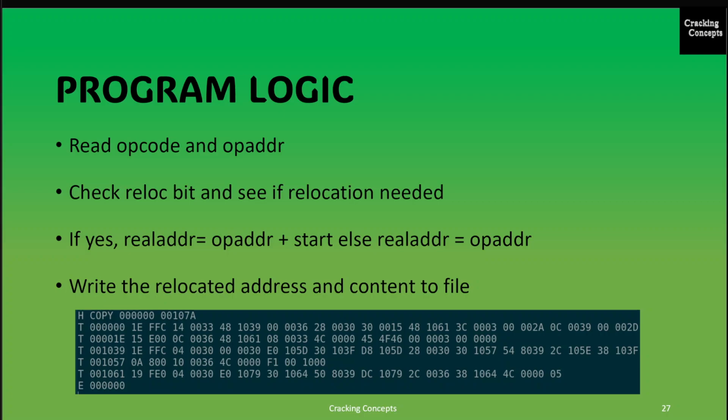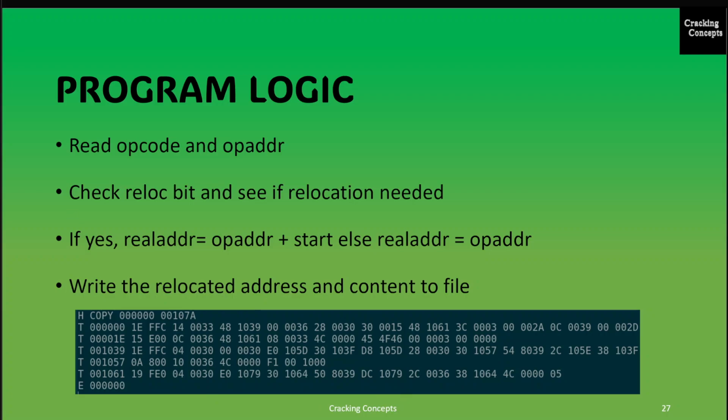Here, since there can be modification in the record, I have modeled it as this, where I'll read the opcode followed by the operand address. This address is separated because in case there is any modification happening, the start address will be added to this location. If there is no modification, it is displayed as such. So I have separated it out like this. So this will be the opcodes in each of the records followed by the operand address.